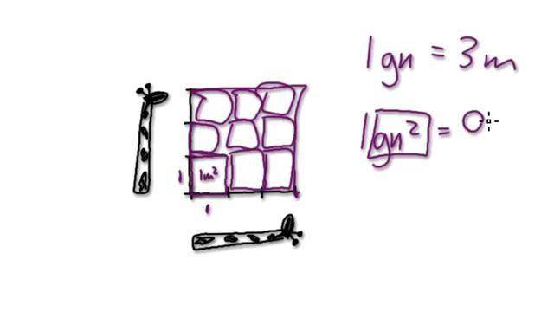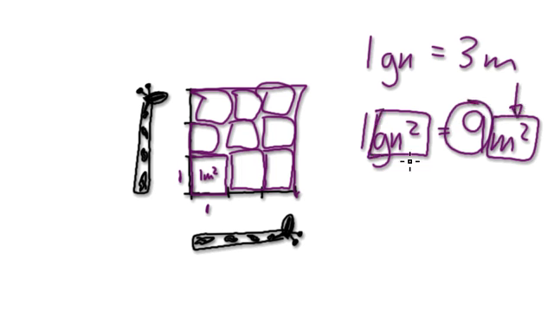Well, it equals 9 meters squared. Again, this is just a unit. So one giraffe neck squared, one area here, equals 9 of these areas here.